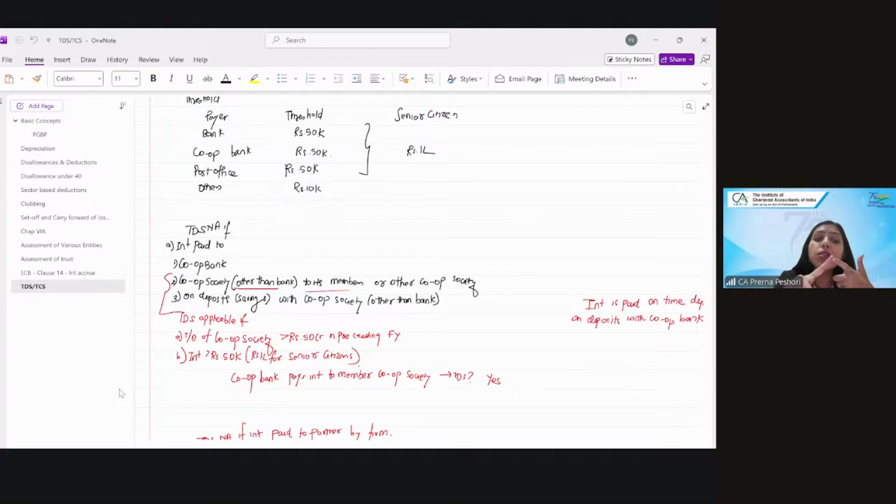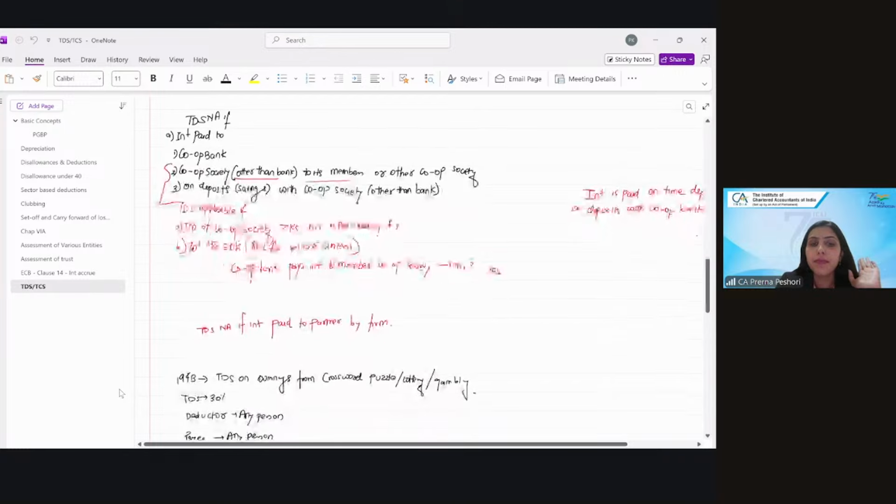However, TDS will be applicable if the turnover of the cooperative society is greater than 50 crore in the preceding financial year and interest is greater than 50,000, or 1 lakh for senior citizens. Is this clear? Yes, ma'am.